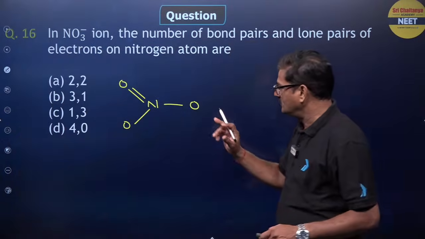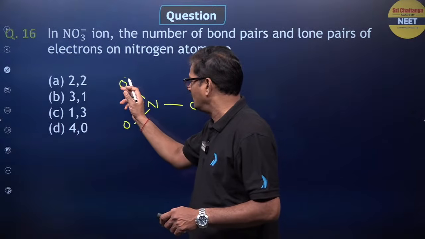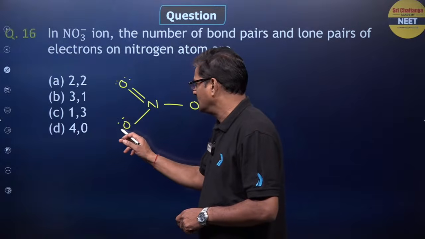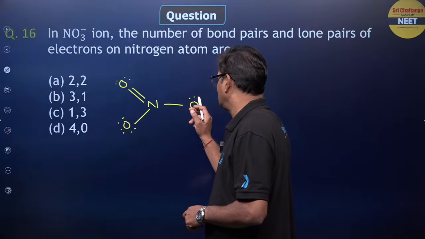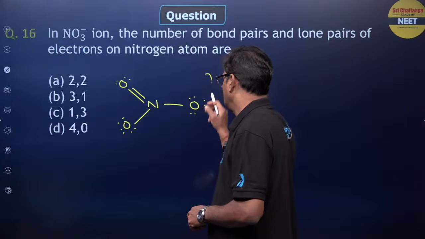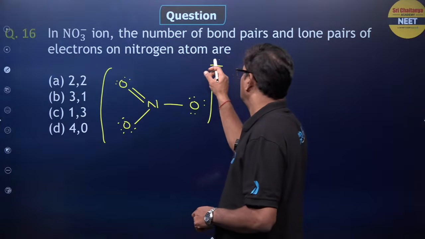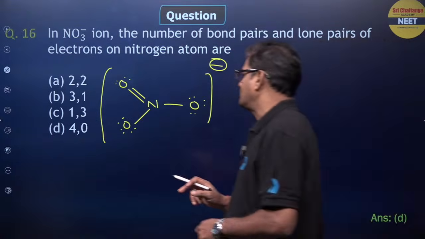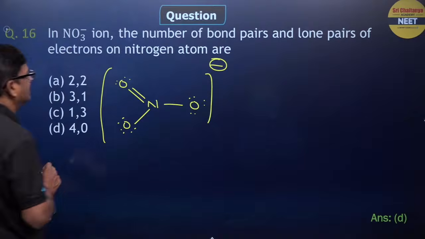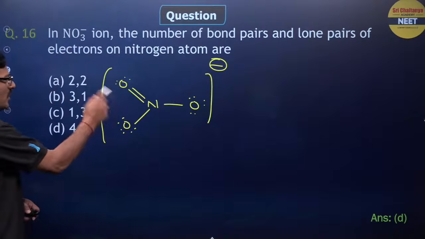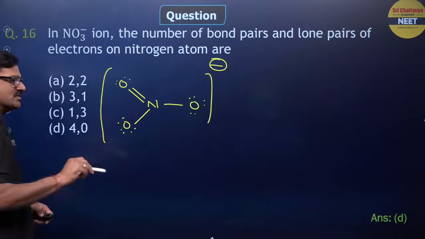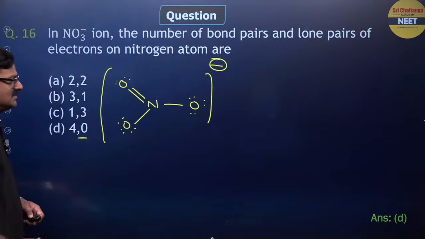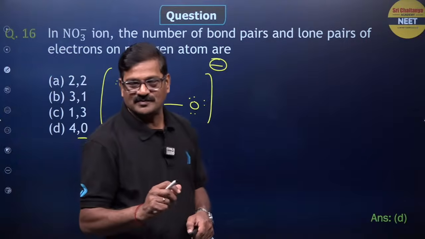Now the oxygen with the double bond has electron pairs here, and here, and over here. So it is going to be minus over here. So now you can see 4 and 0: bond pairs 1, 2, 3. The double bond is also taken as a pair. Now there are no lone pairs, 0. Are you getting it or not, children?